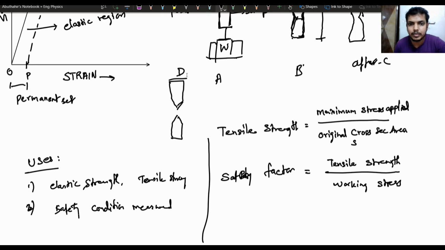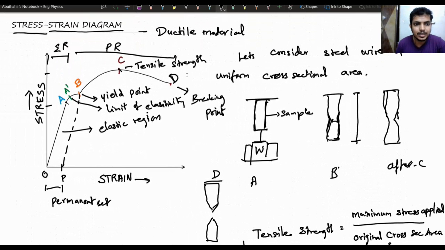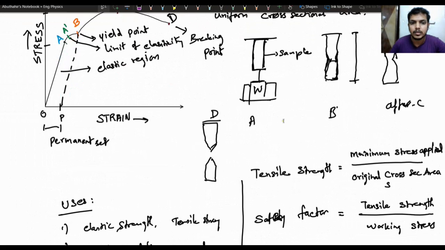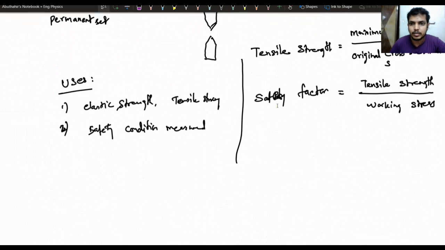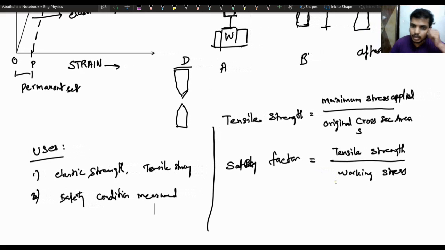In a similar way, this will be a basic testing method. It can be extended further. One of the things is, when it comes to safety factor, how different materials will be working. When it is a ductile type of material like steel, the safety factor value will be nearly 4, because the material works at 4 times less than its strength as working stress.